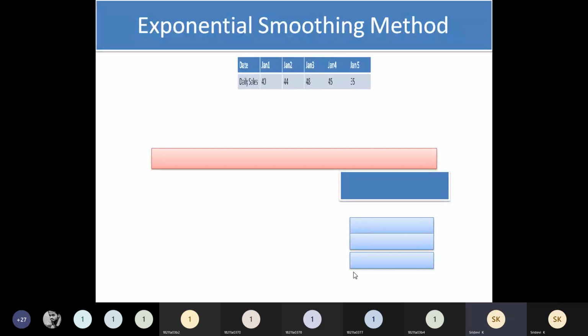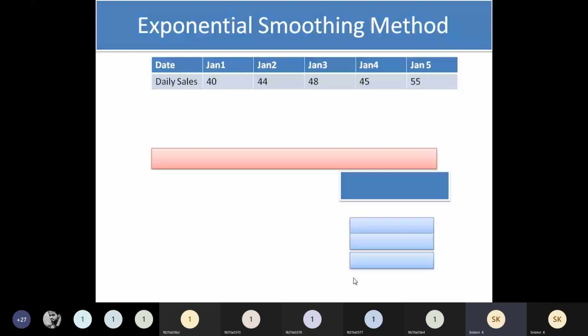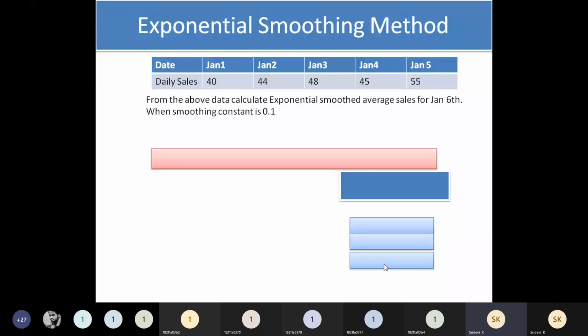How to do this? An equation is there. Let us see how to apply it. For this smoothing method, a smoothing constant value will be given. This will be decided based on the company's analysis. Using this smoothing constant, we are going to find out the sales on the sixth day.